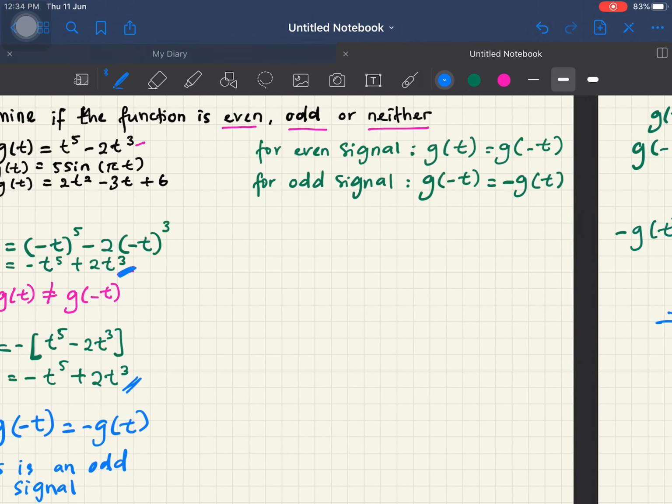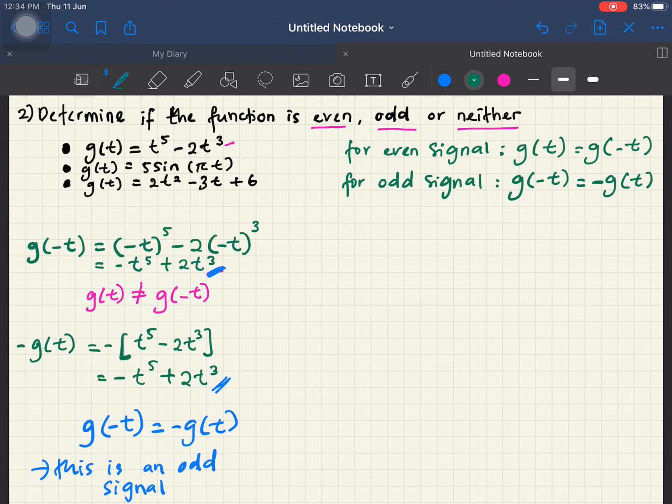Let's look at the third one, which is this equation here. Let's try g of minus t, which equals 2 times minus t squared minus 3 times minus t plus 6.